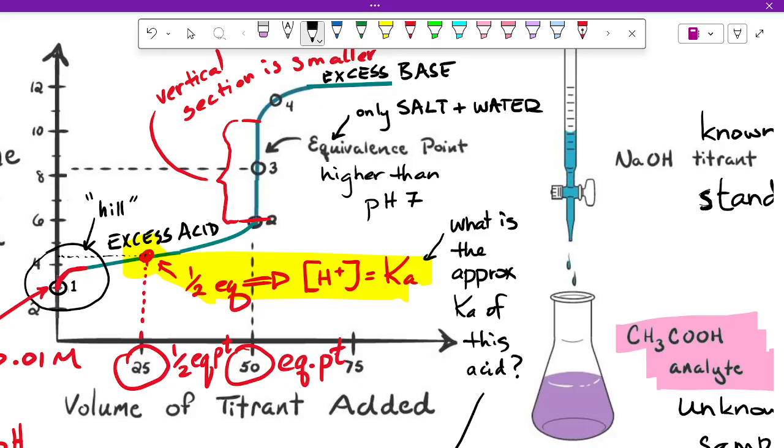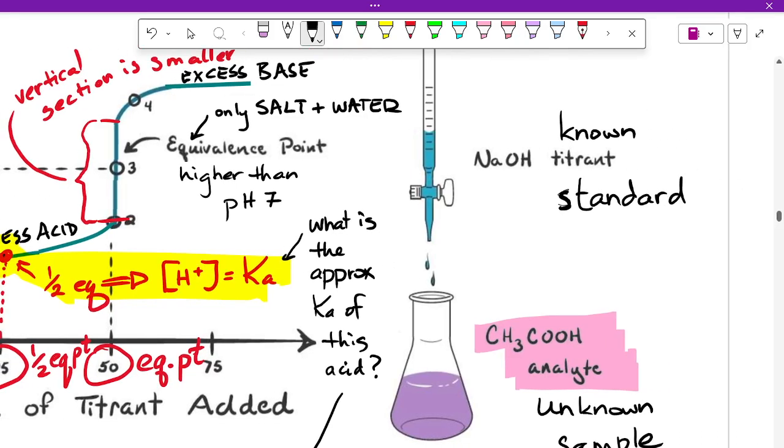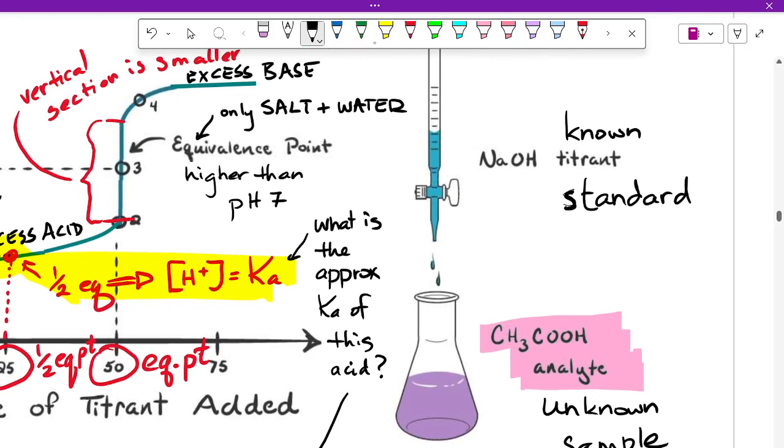What do salts do to change the pH? They hydrolyze. So one of the ions will be hydrolyzing. Will it be the anion or the cation that makes it higher than 7? It is 100% the anion. Cationic hydrolysis always gives you an acidic solution. We have a salt plus water, and the pH is higher than 7.